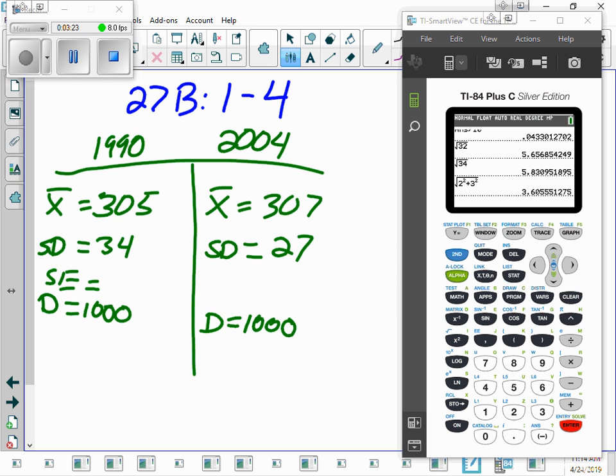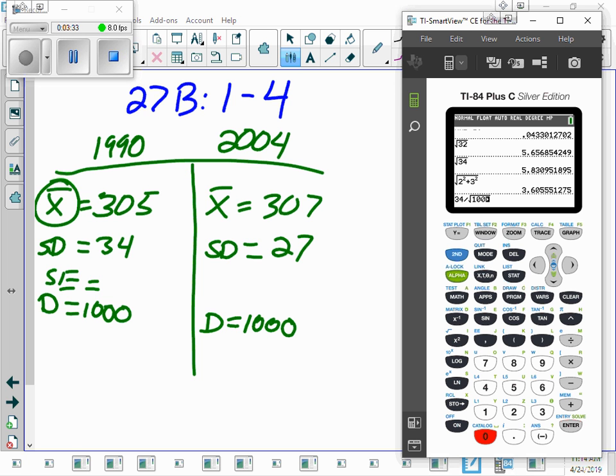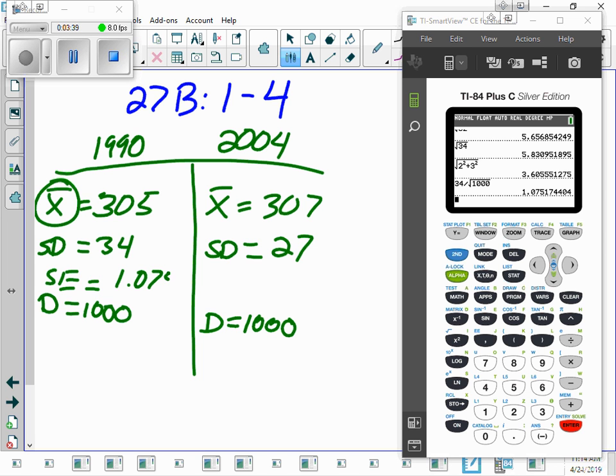Because this is a sample average, we're going to use the SE for average. 34 divided by the square root of 1,000, and I get 1.075. So I get 305 plus or minus 1.075.